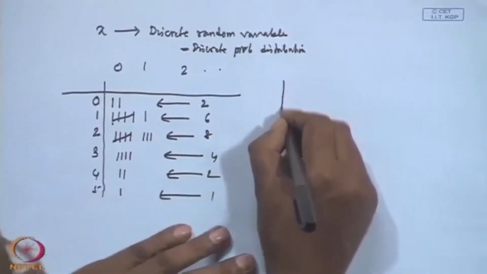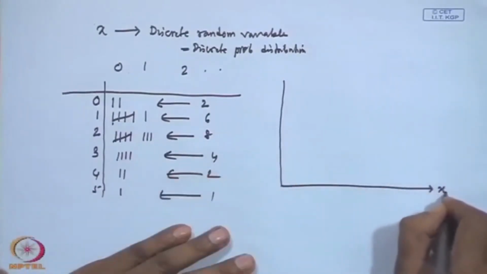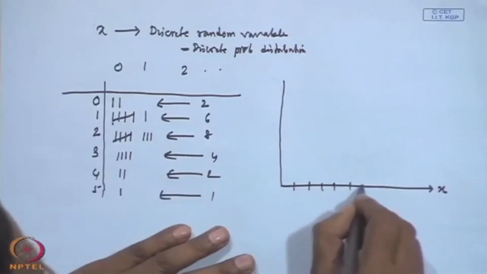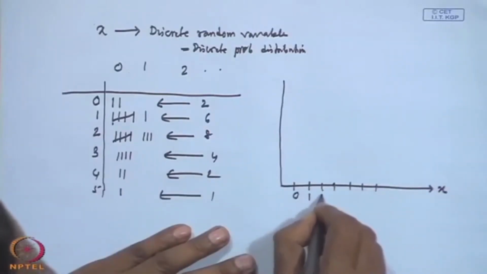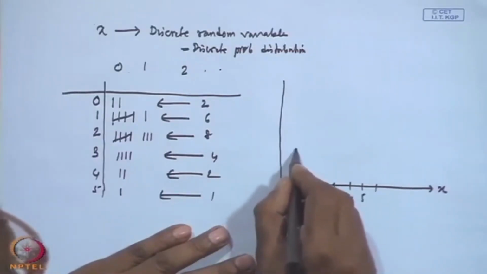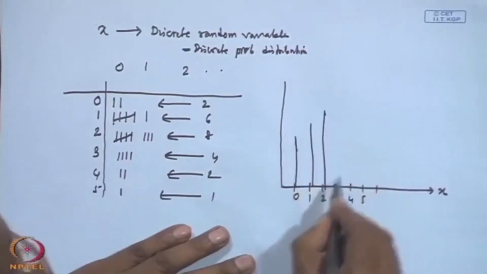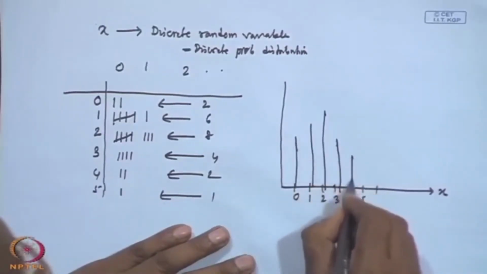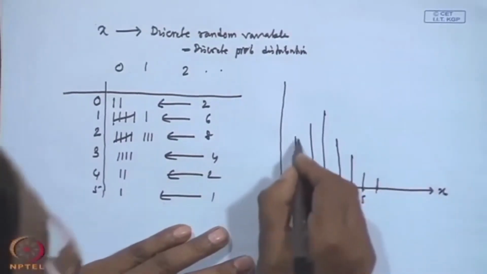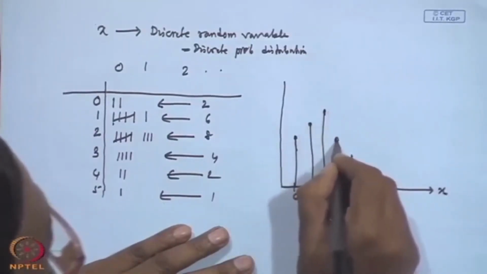We mean that I have my discrete random variable which can take different values, suppose 0, 1, 2, 3, 4, 5, and it appears different numbers of times. I think all of you know this is nothing but the frequency diagram.